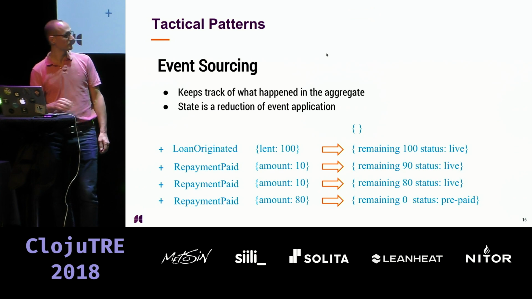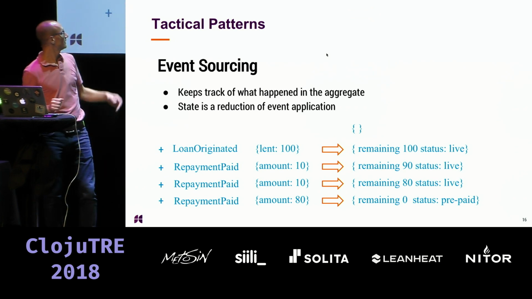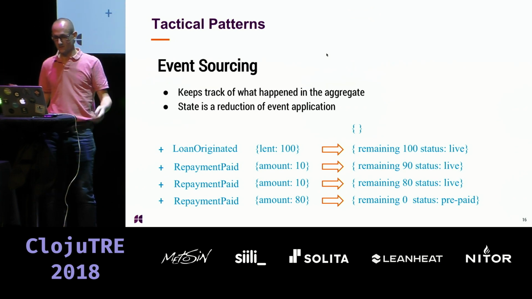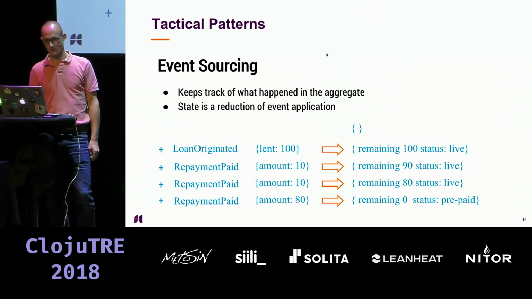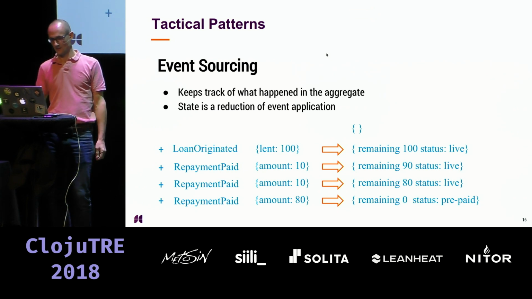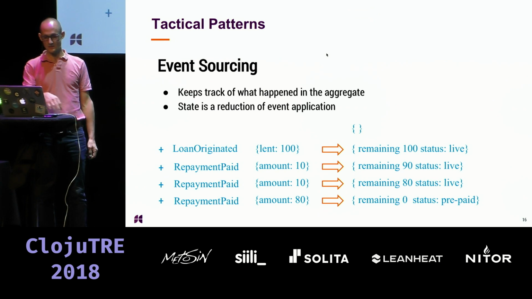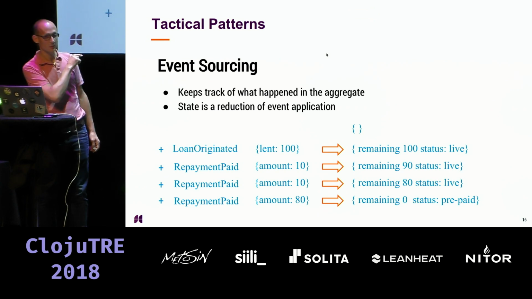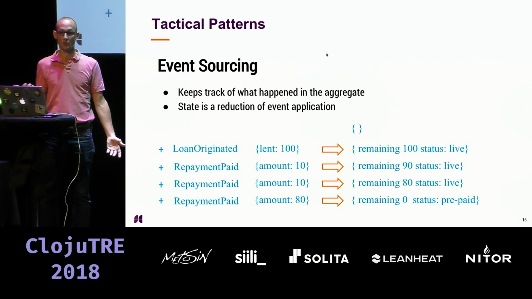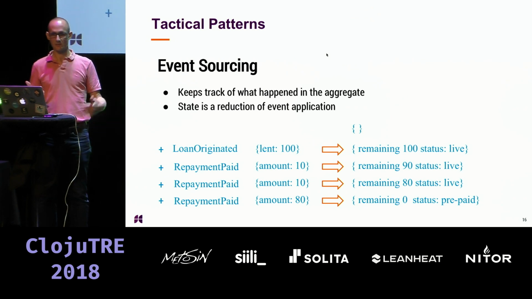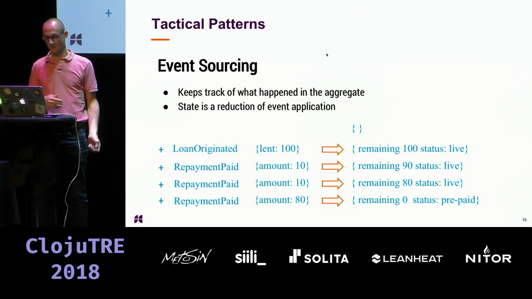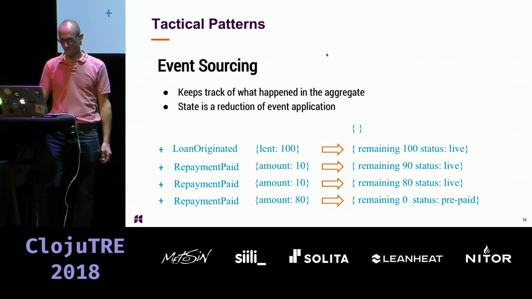So we start with an empty state. We have a loan originated event that we emitted at the loan manager level, which is, for example, we lent 100. And so we apply that to the empty state. The red arrow is the apply function, right? It's just a Clojure function. And we say the current loan state is remaining 100, and the status of the loan is live.